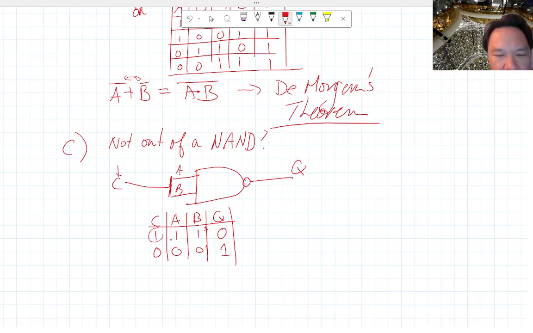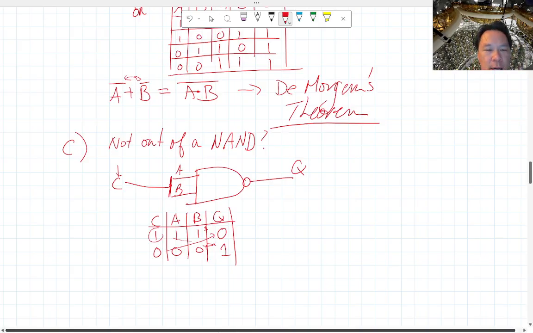So this gives you exactly the inverting output that you want for your NOT gate. So if you need a NOT gate, you don't actually need one. You can just use a NAND gate and connect both inputs together, and then you'll get a NOT gate.